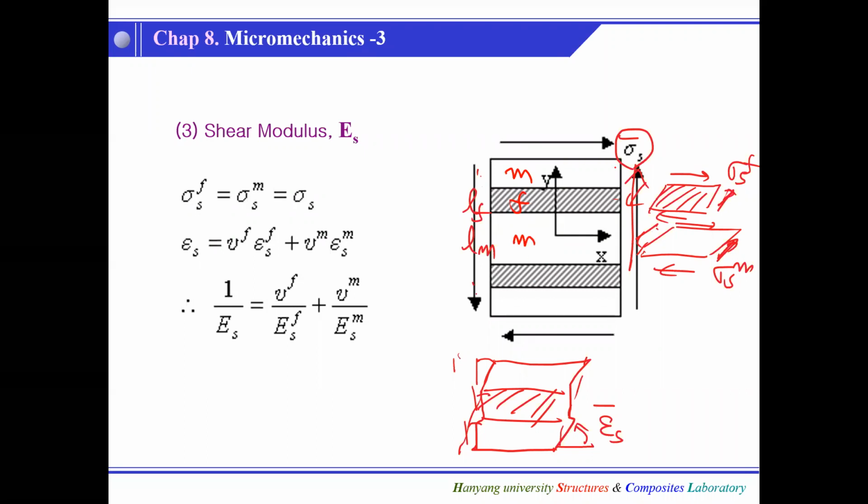Now the in-plane stress sigma s is applied here, then as you know, the deformation will be something like that, because this is the stress we are applying. And matrix will have a certain deformation and fiber will have a certain deformation.